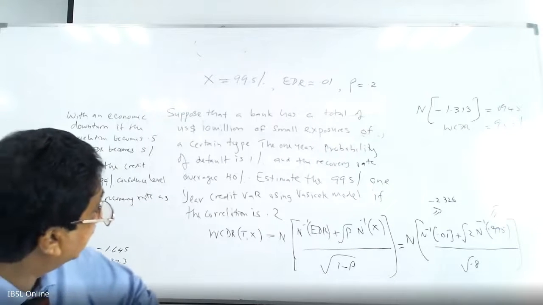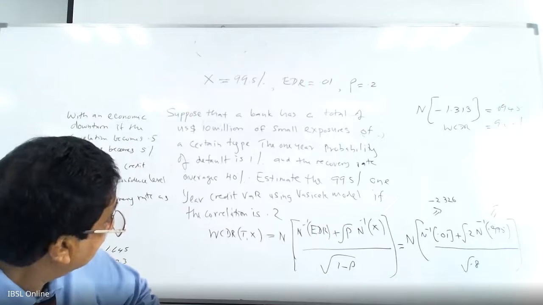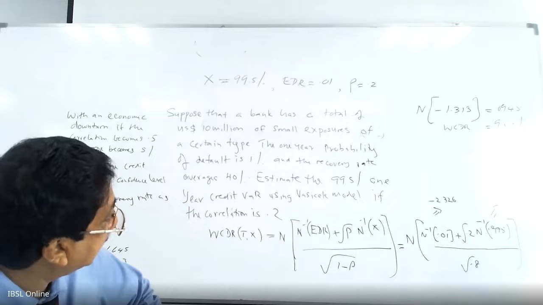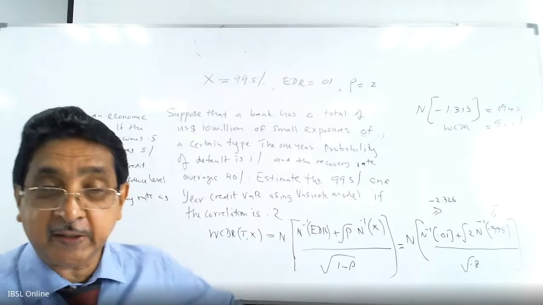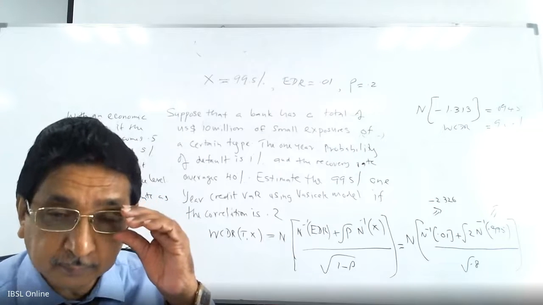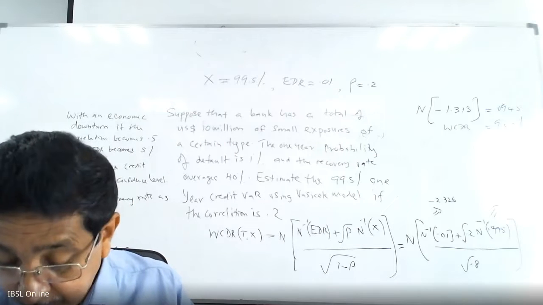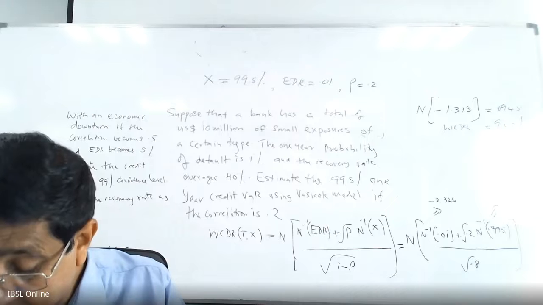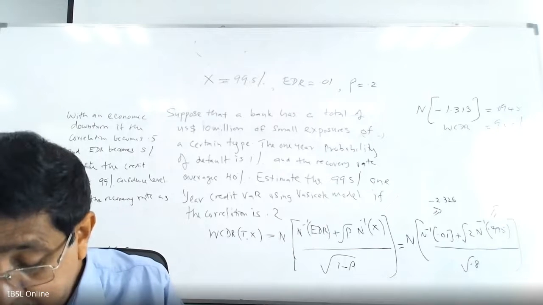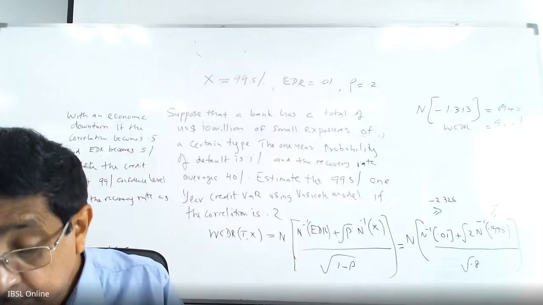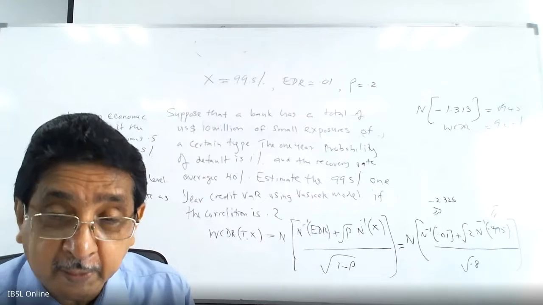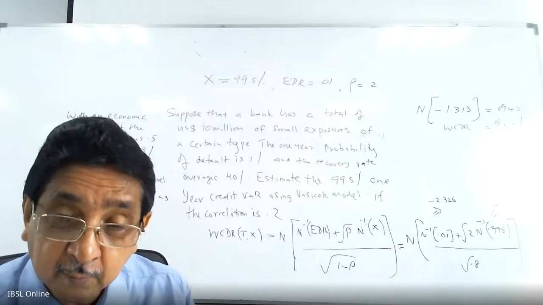And correlation will have 0.5, square root of 0.5, into 0.990 you get there. Yes, Sumudhu, what did you get as n?